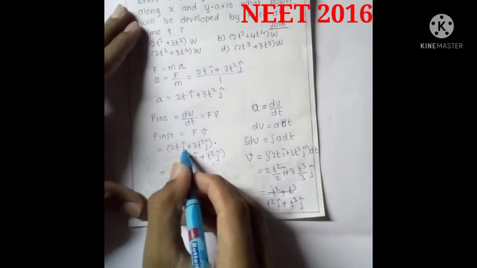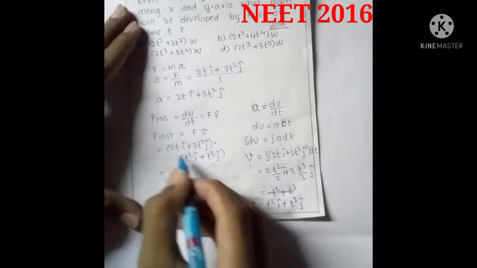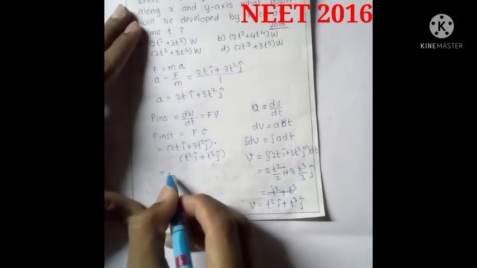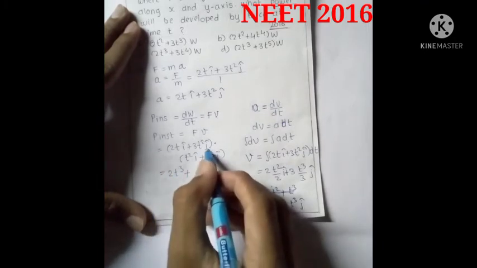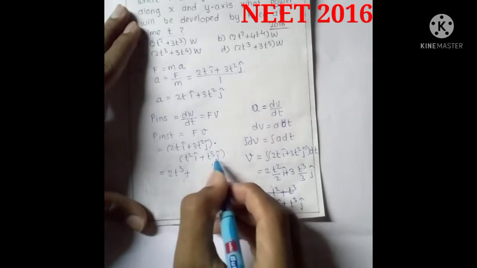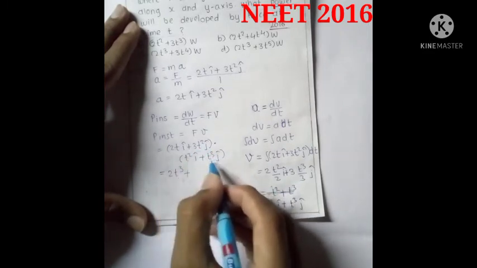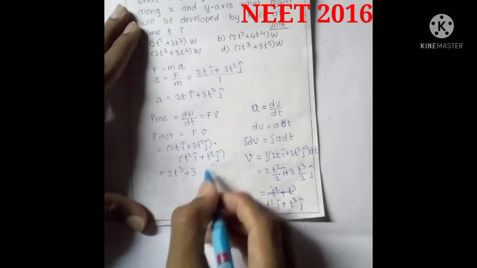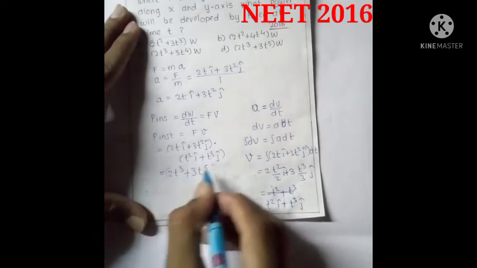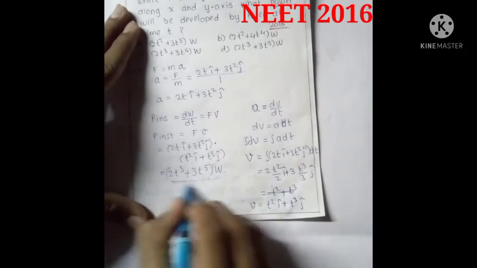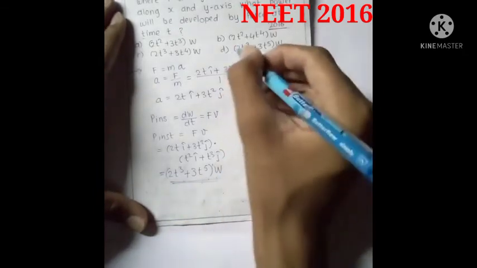Multiply coefficient of i cap with coefficient of i cap: 2t multiplied by t² becomes 2t³, plus multiply coefficient of j cap with j cap: 3t² into t³ becomes 3t⁵. Instantaneous power, so unit will be watt. So our answer is option number D.